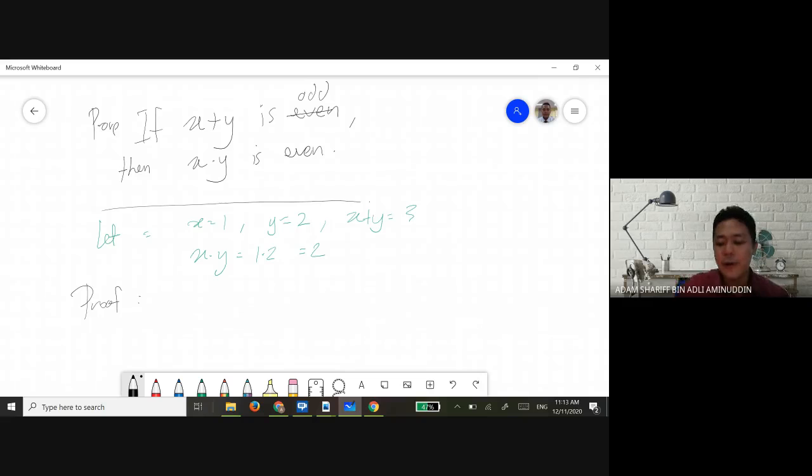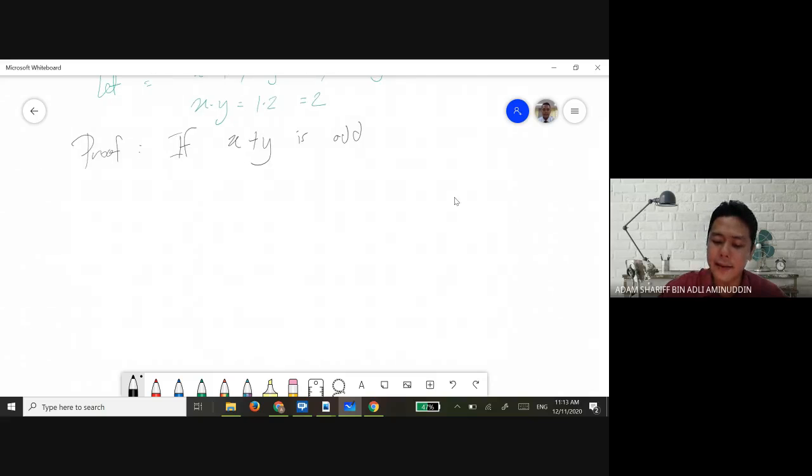Although some of you guys get the idea, but this answer I like the best. Okay, I try to rewrite back what Leong wrote. Saya tak tengok lah, tapi idea dia, the gist is almost similar. Okay, if X plus Y is odd, he separated it into two cases. X dia even plus odd equals to odd.